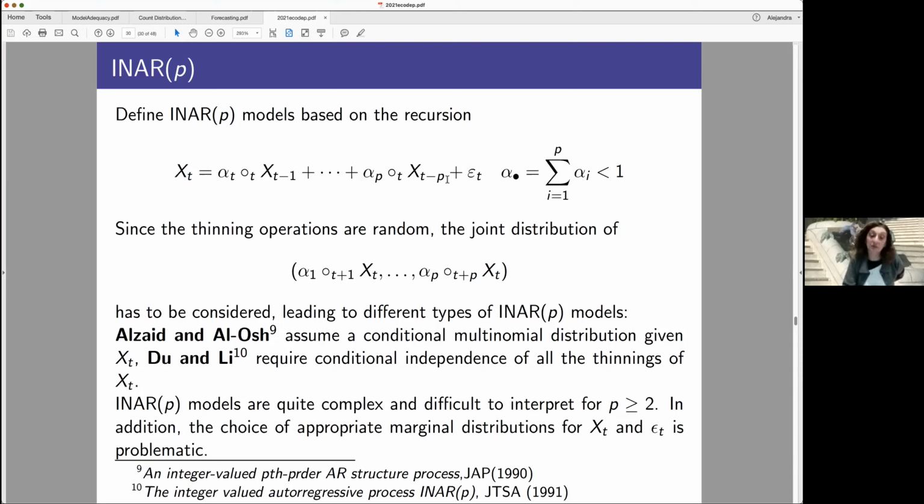And since the thinnings are random, the joint distribution of all the thinnings made over the same observation X_t at different lags, made at instants t plus 1 up to t plus p, where X_t will have its influence, has to be considered again, the same way as in the moving average part.